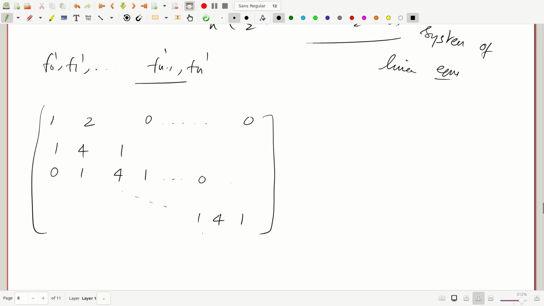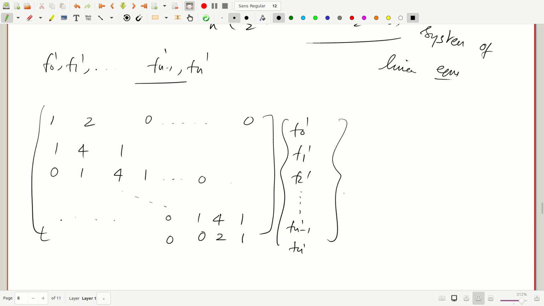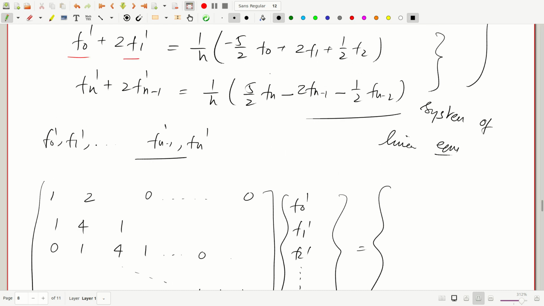At the other boundary you get 0, 2, 1, and the rest are zeros. This multiplies f0 prime, f1 prime, f2 prime, up to fn minus 1 prime, fn prime. On the right hand side you would have values coming from here.